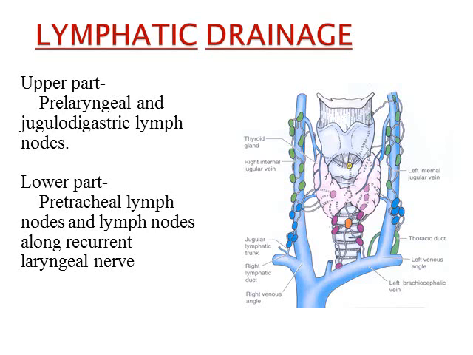Prelaryngeal is in front of the larynx, and the jugulodigastric node is where the digastric muscle crosses the internal jugular vein. That is the main lymph node. From the lower part of the gland, it drains into the pretracheal lymph nodes and some lymph nodes along the recurrent laryngeal nerve. These are the lymph nodes that mainly drain lymph from the thyroid gland.